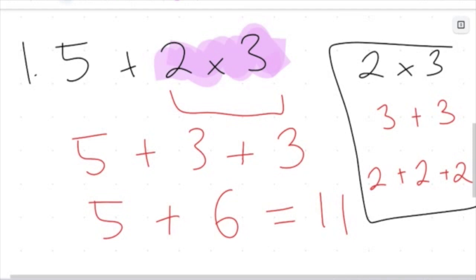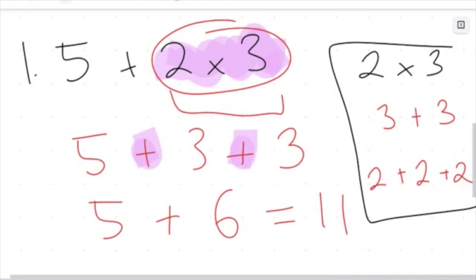See, we worked through this multiplication here. We wrote that in another way. So instead of writing 2 times 3, we just wrote 3 plus 3. And the last thing we did was add all these things together.